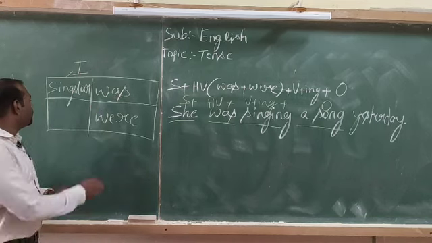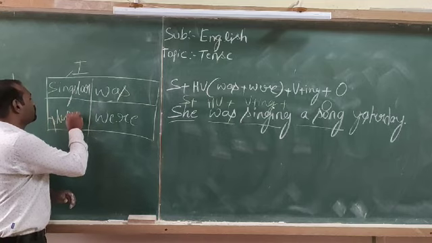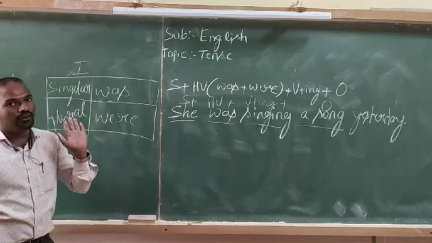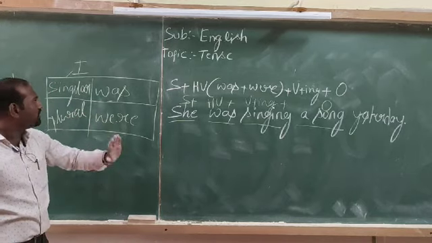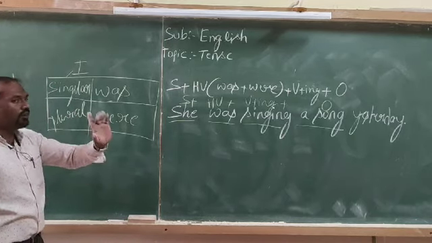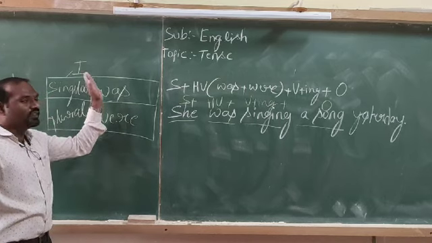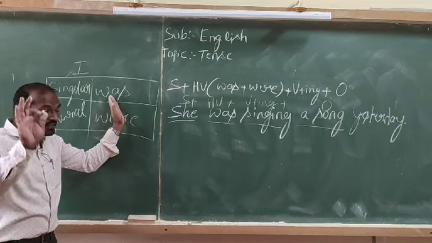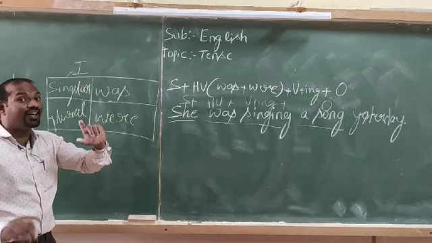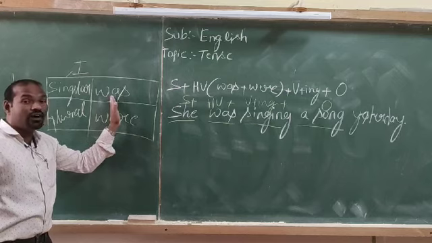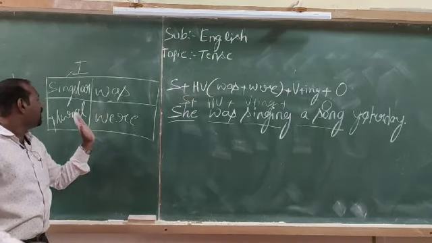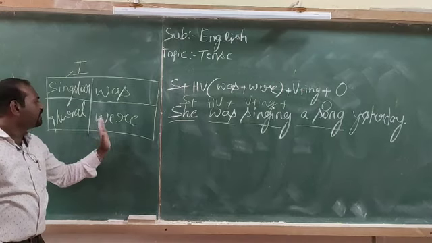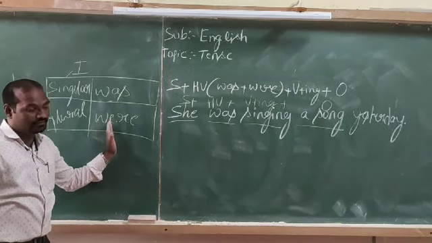If the subject is plural, you need to take were as a helping verb. So this is the helping verb structure in the past continuous tense. Once again I will revise here. If the subject is singular, take was as a helping verb. And if the subject is first person singular called I, take was as a helping verb. Understood? And if the subject is plural, like you, we, they, take the helping verb as were.